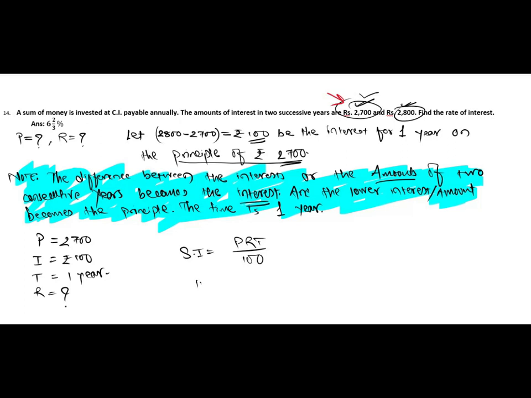The interest is rupees 100, principal is 2700, rate we don't know, time is 1, upon 100. The zeros cancel, so R is equal to 100 divided by 27. R stays here, 27 goes to the other side. So what is the answer? Let me check the answer.